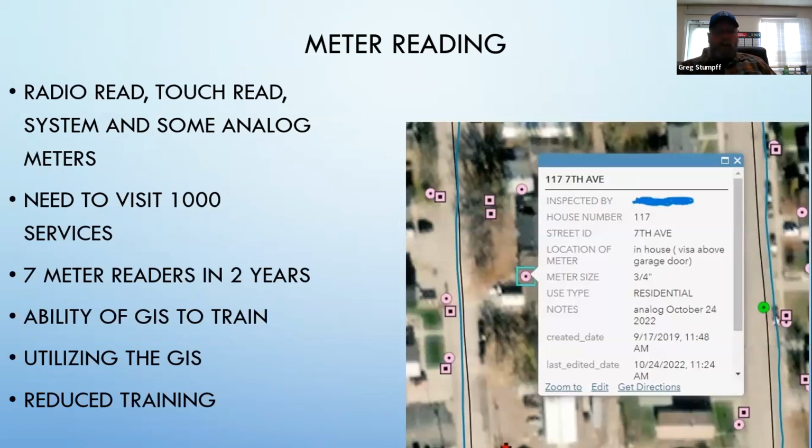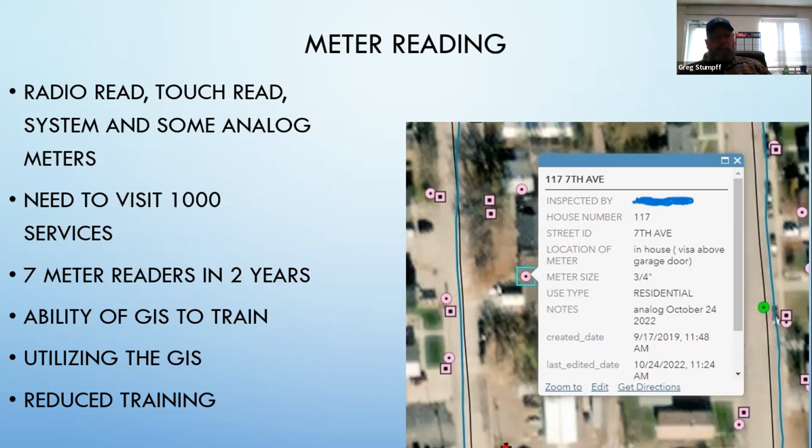As I said, the radio read system, we have a radio read touch read. We still have some analogs. We just started a new person reading meters about 3 months ago. We had one person working with that individual for 1 month, and that was basically one reading cycle, 1 month.